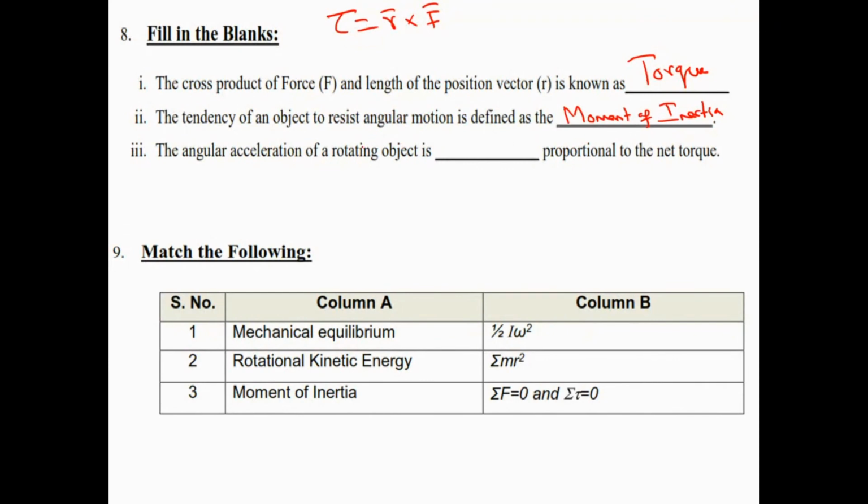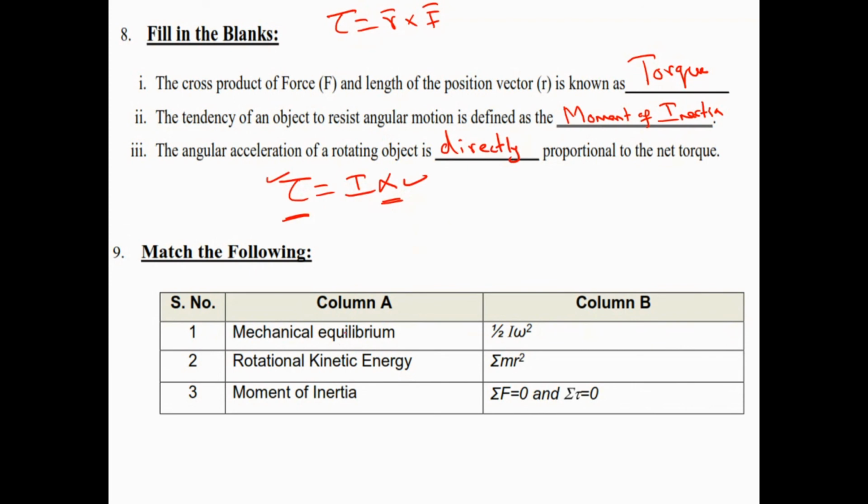So what's the answer? As we already studied, the relation between the torque and the angular acceleration, torque tau is equal to I alpha, right? So that means the torque and this angular acceleration have a direct relation. So the answer is directly proportional to the net torque. Clear? So the angular acceleration is directly proportional to the torque.